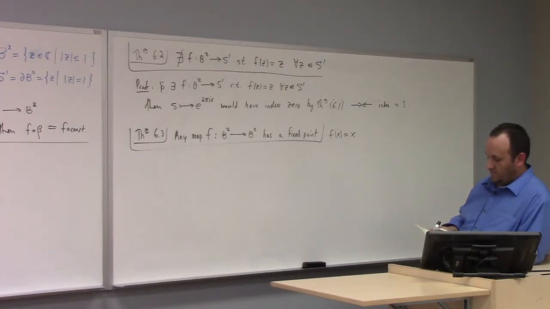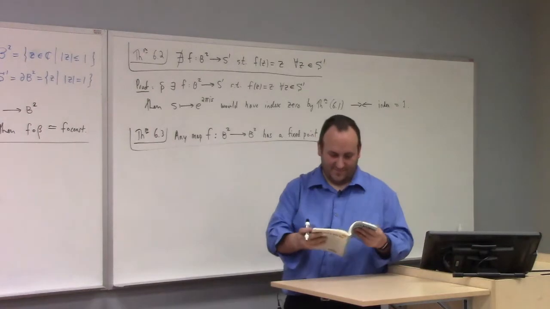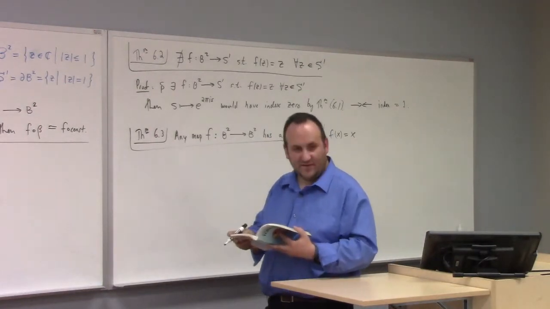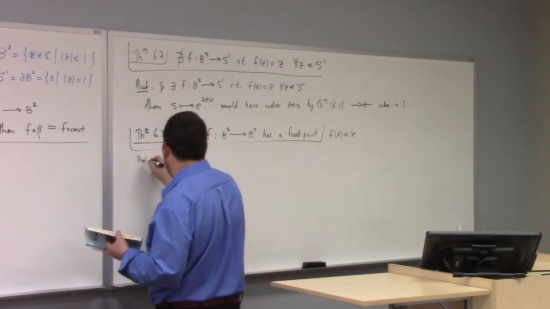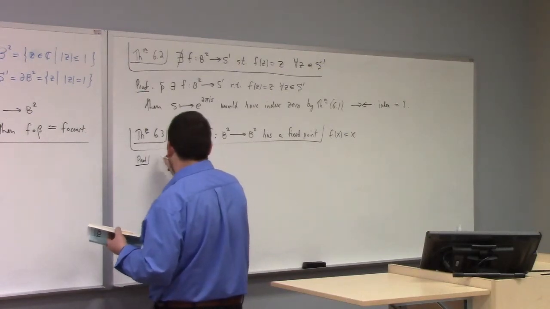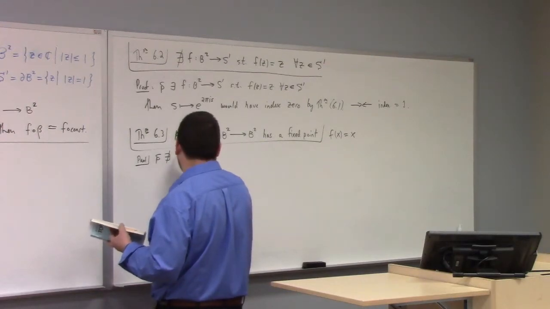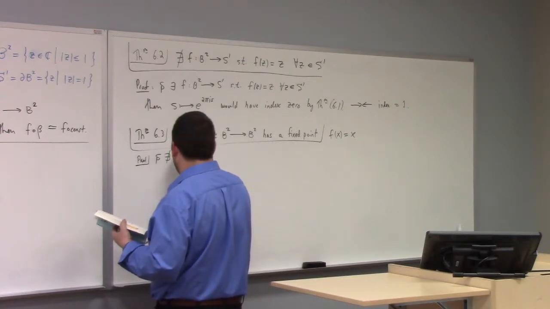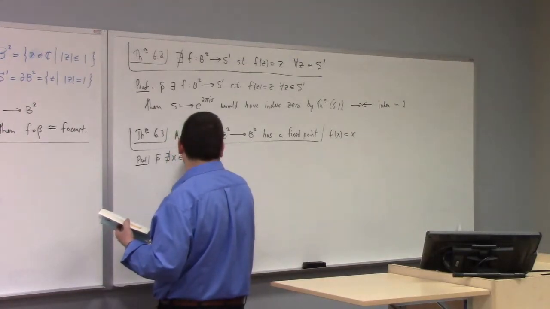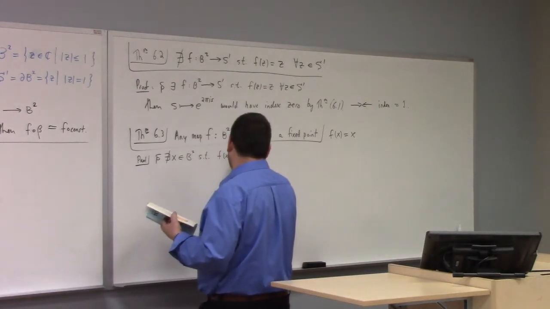He draws a picture for the proof. Let's see if we can understand it. So he says, suppose that f has no fixed point, right? It's again by contradiction, right? So suppose there does not exist x in B2 such that f of x equals x.